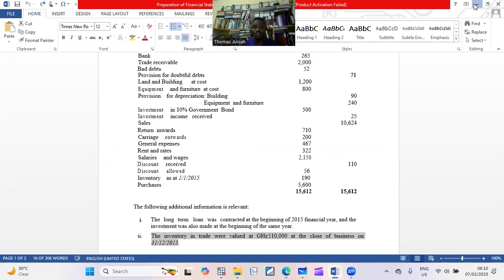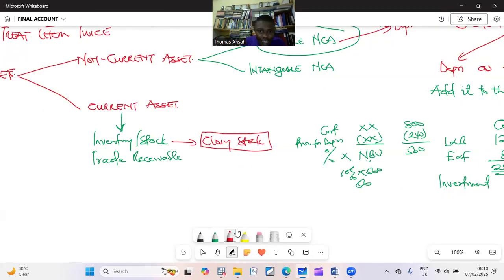It's simple and straight. Then the adjustments that will affect receivables are bad debt, meaning those in the footnote, not in the trial balance, and provision for doubtful debt.